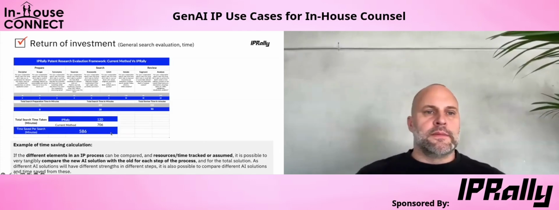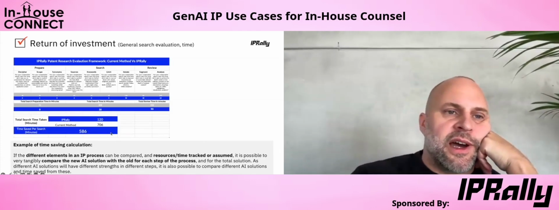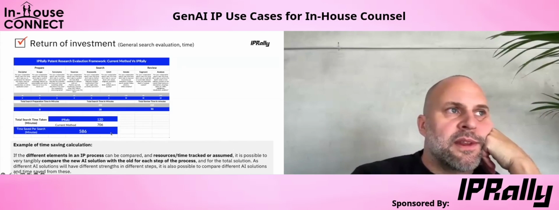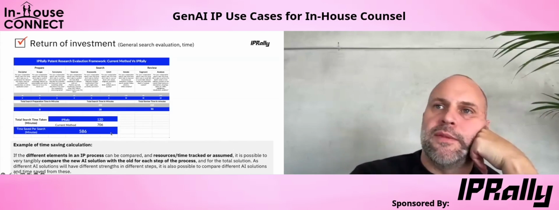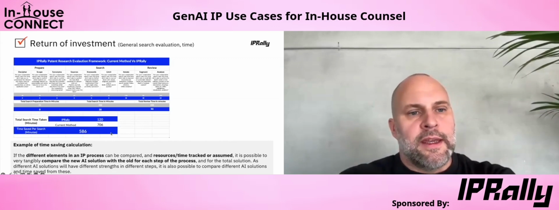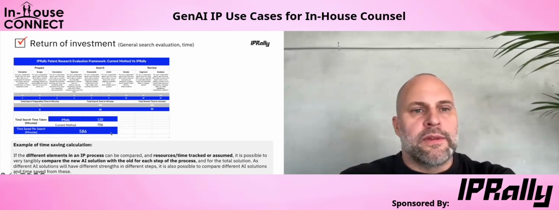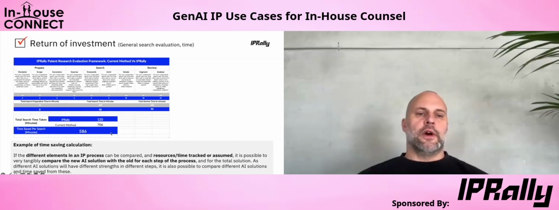Here's another example, not looking at the monetary value: if you're trying to measure time, try to break down the different parts of doing something in general, and then compare the amount of time it takes you to do that with the new tools using AI versus the old methods versus outsourcing it or whatever it may be. So not too hard to do, but it's something that should be done.